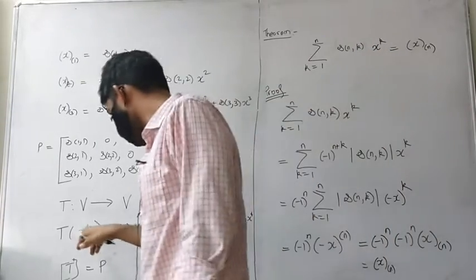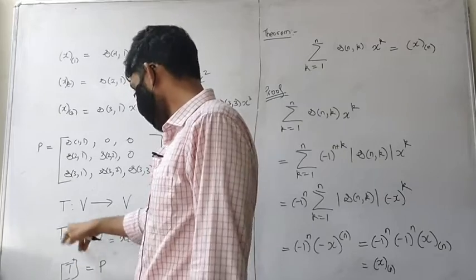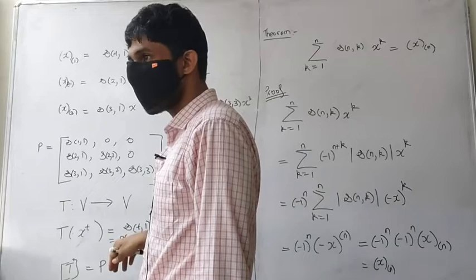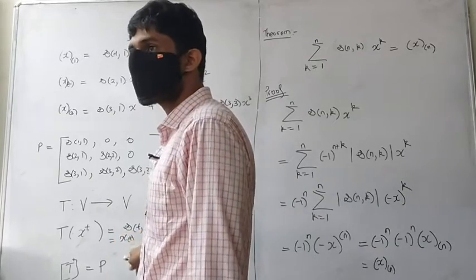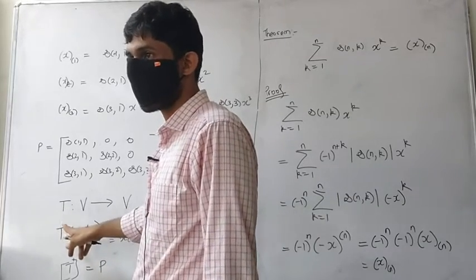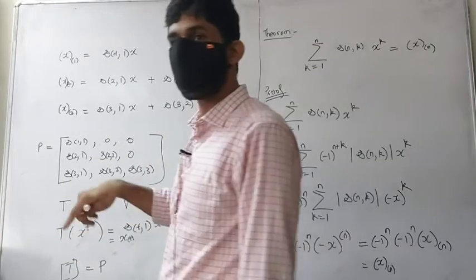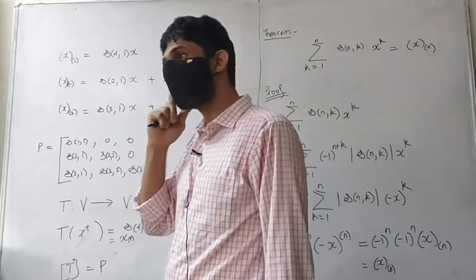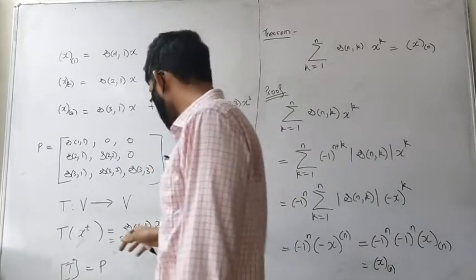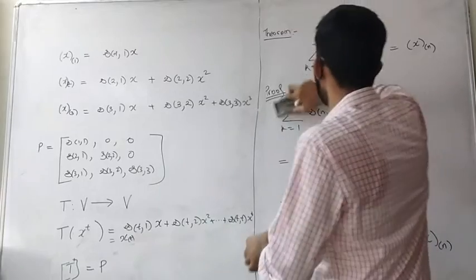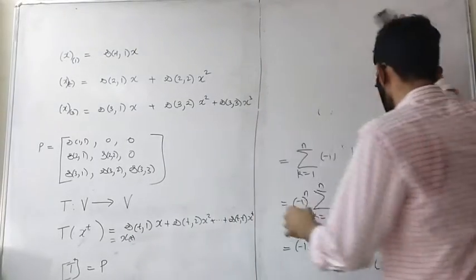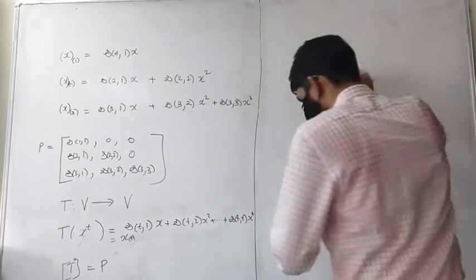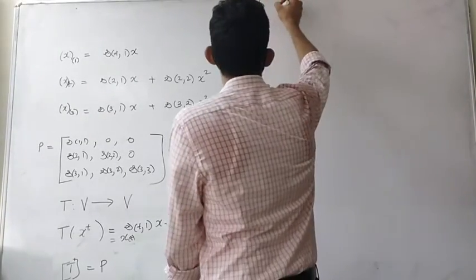Yeah. So this transformation takes xt to x raised to t to xt. The inverse will take xt to x raised to t. Okay, and what will be the inverse of this transformation?